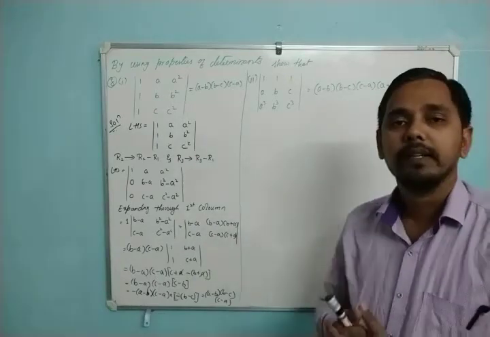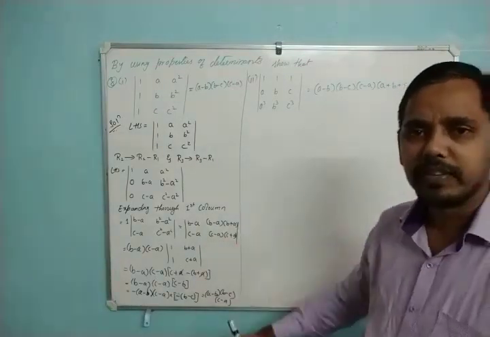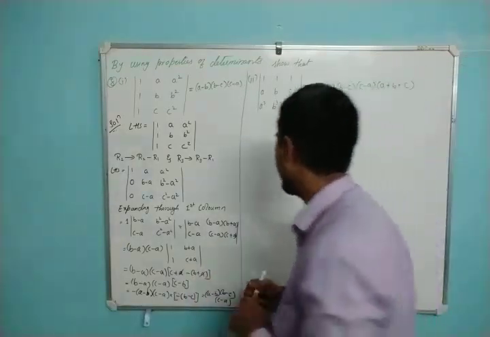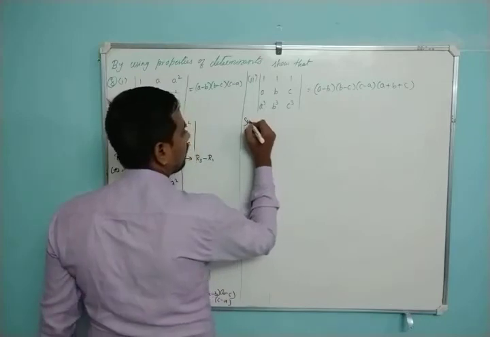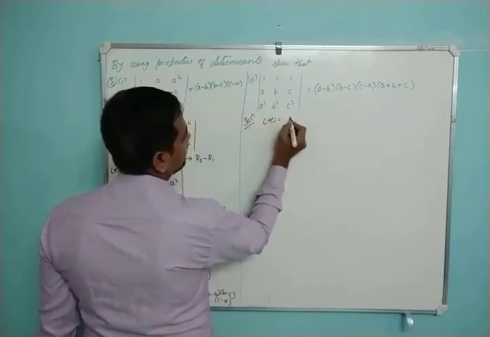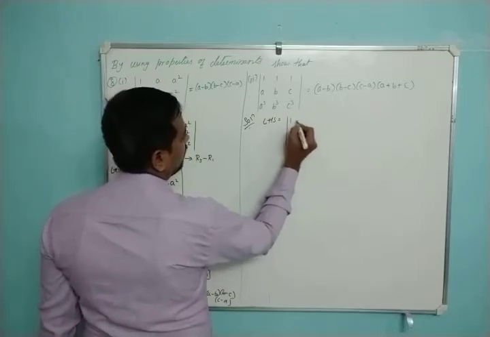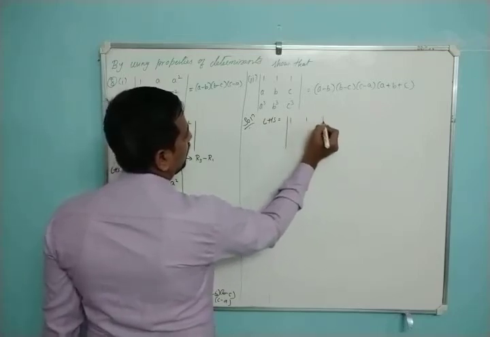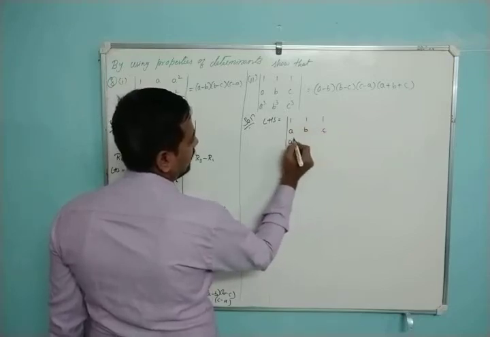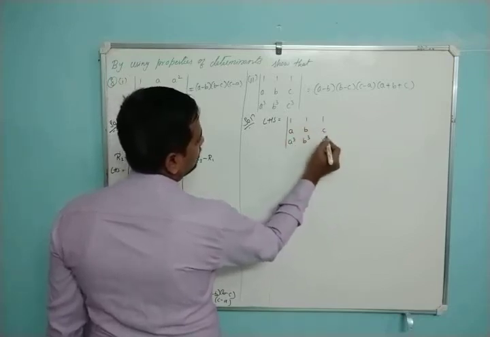This is so simple. So with the help of the same concept, let us proceed to the second one. What is LHS? LHS is 1, 1, 1, a, b, c, a cube, b cube, c cube.